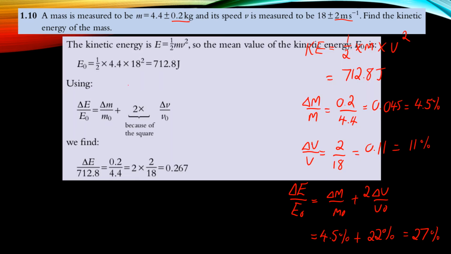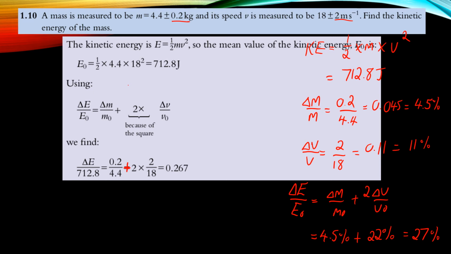So let's put the answers up. Kinetic energy is a half mv squared, so we've got the right value of the kinetic energy. We've got the formula that we've just written down there. That's wrong. That should be a plus.